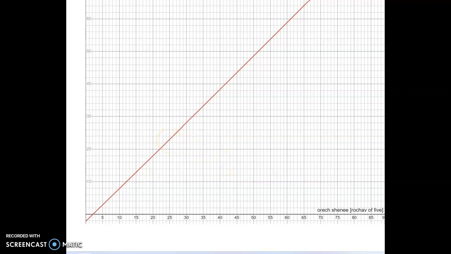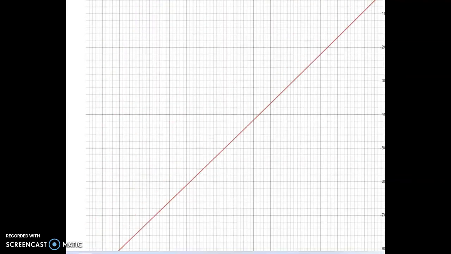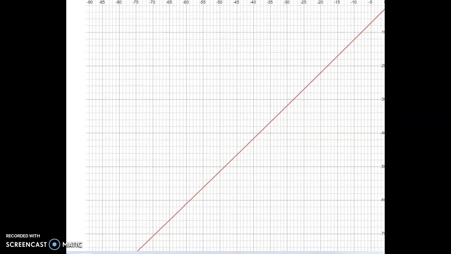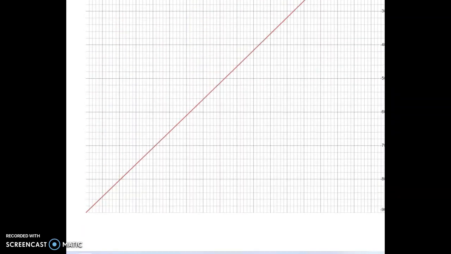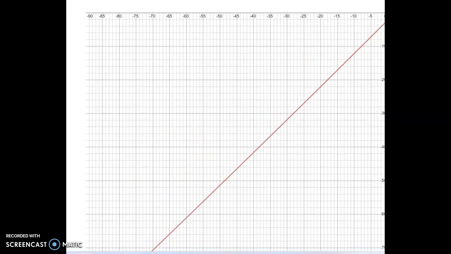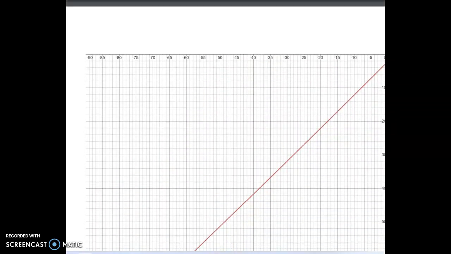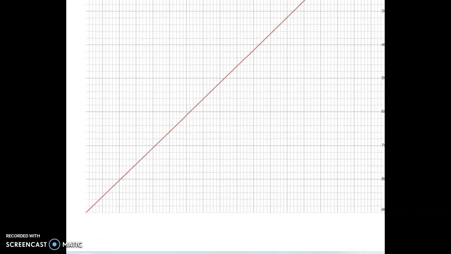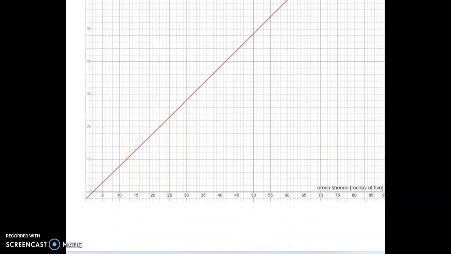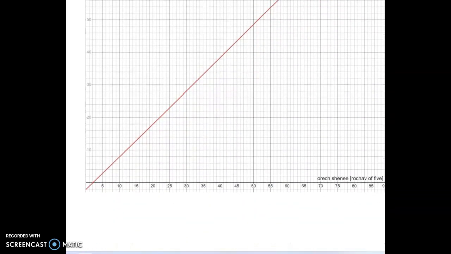So this is the Orach Sheni, Rochav of 5. It means we're dealing here with Rochav of 5 because that's when it's the most obvious. And this goes from negative 90 to 0. That's the second part of the ecliptic.